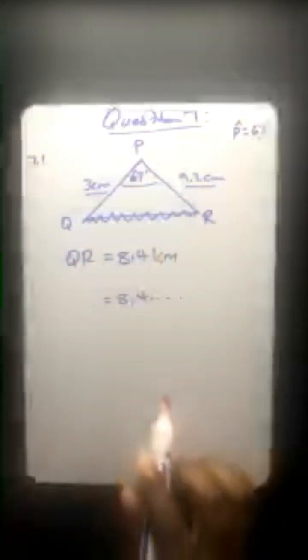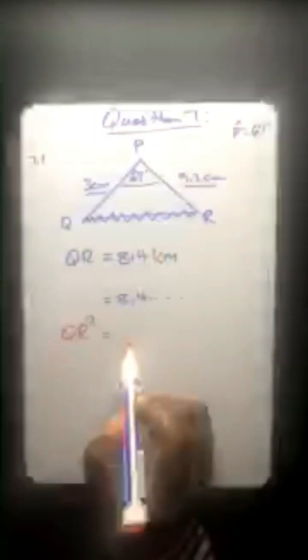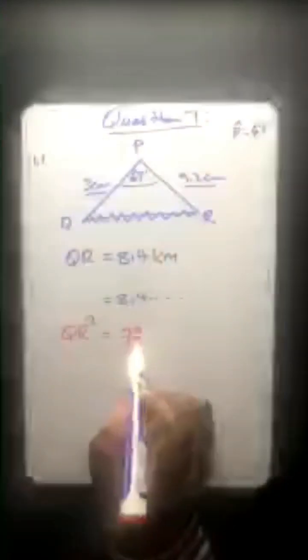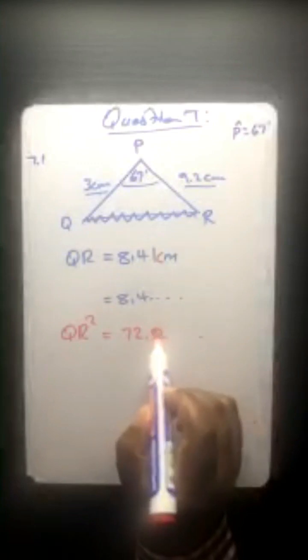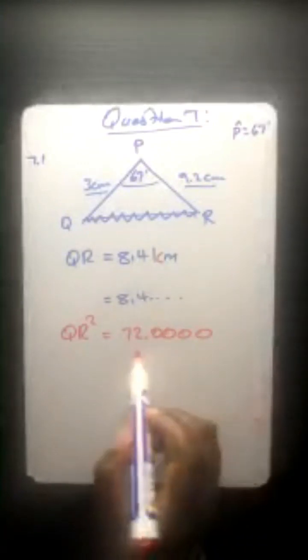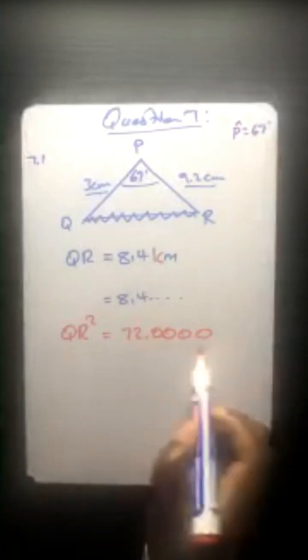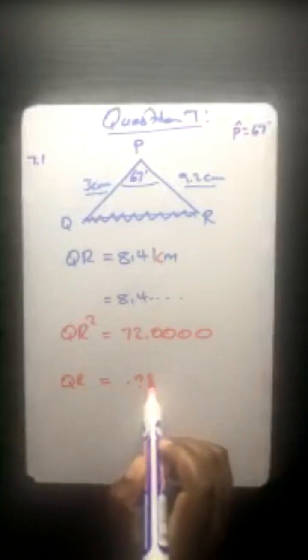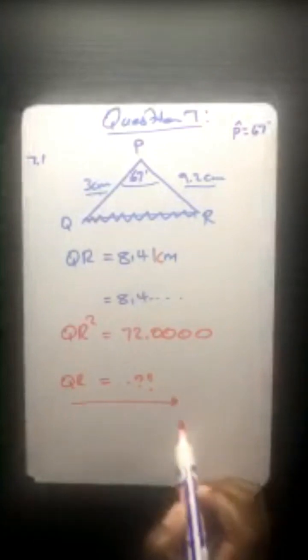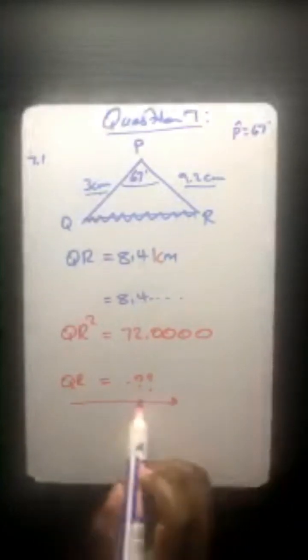Whether you round it off to whatever, my advice is that once you've got QR squared, maybe 72 comma something, it's always best to round it to 4 decimals, then your final answer rounded to 2, if the instructions say so.